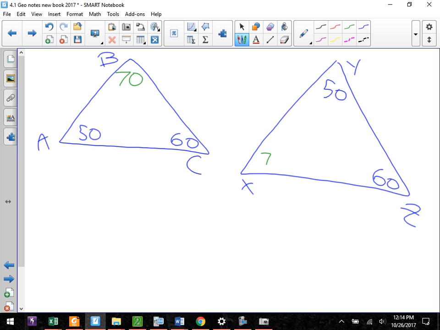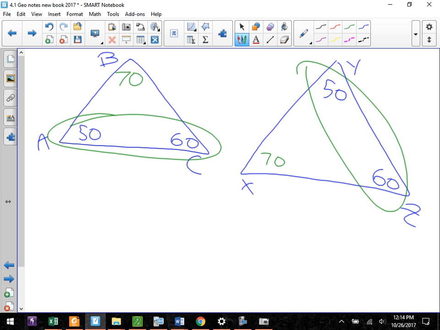Now, here's the reason why that happens. What's 50 plus 60? Does 110 equal 110? So if I subtract that from 180, what am I always going to be left with? Will that number ever change? So what happens here is that you get this thing called the third angle theorem. And what that means is this.